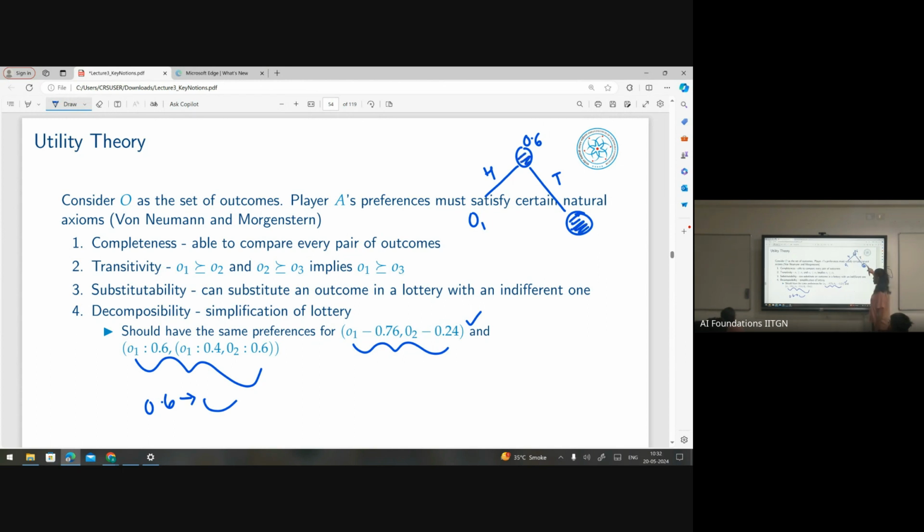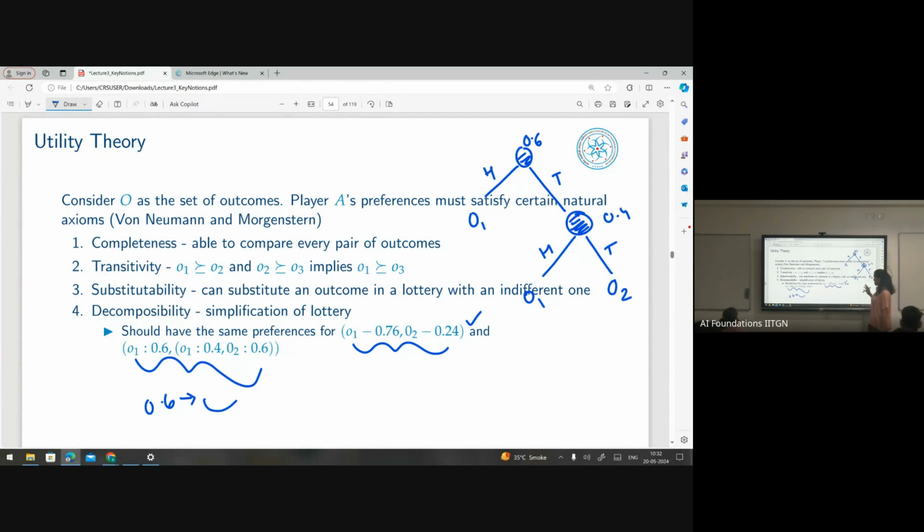And now the bias of this coin is 0.4. Now every time there is heads, I pick outcome 1, and every time there is tails, I pick outcome 2. So now this is a kind of lottery that I can define, right? Why not? Which has two parameters.